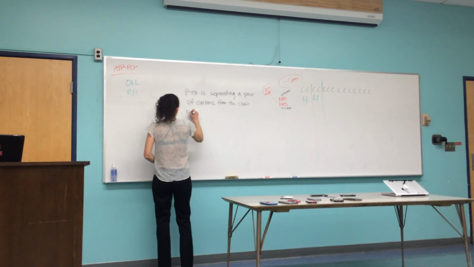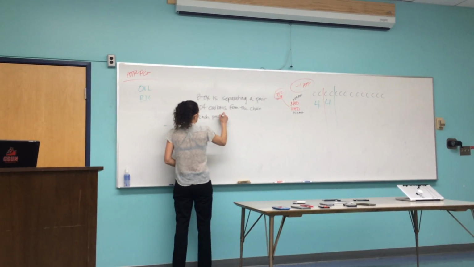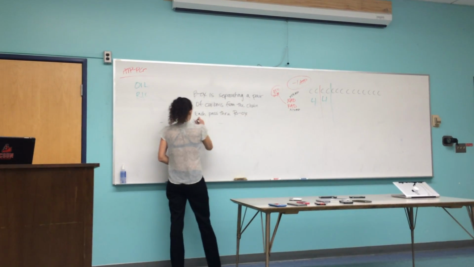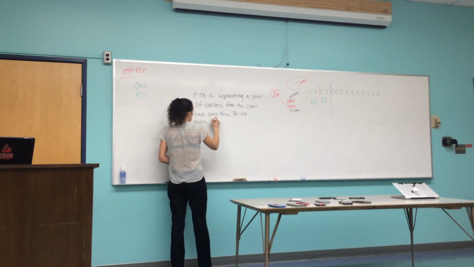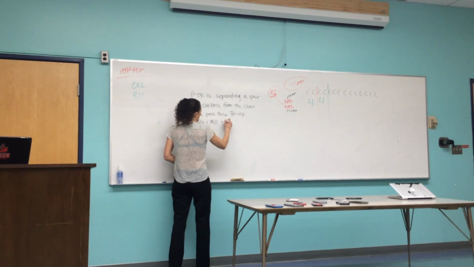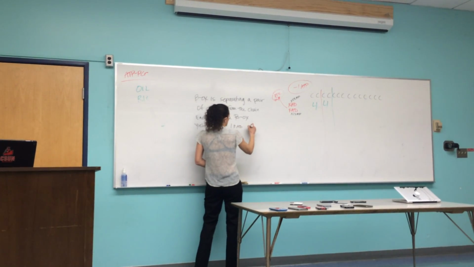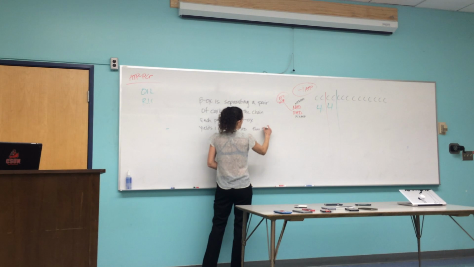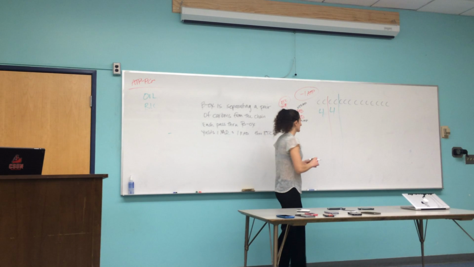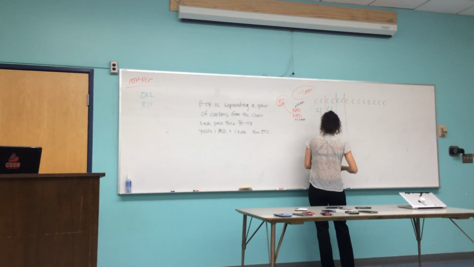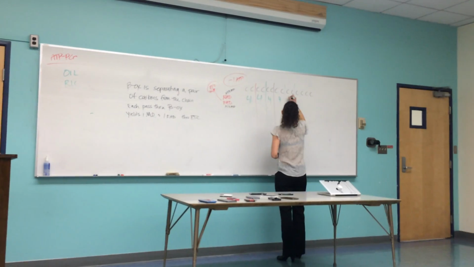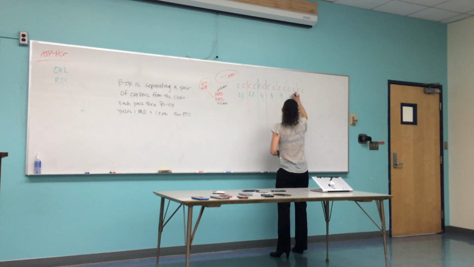I'm going to say each pass through beta oxidation yields 1 NAD and 1 FAD that go through the electron transport chain. That's going to explain where this 4 is coming from. Okay, I'm going to go through beta oxidation again. 4, beta oxidation, 4, beta oxidation, 4, beta oxidation, 4.